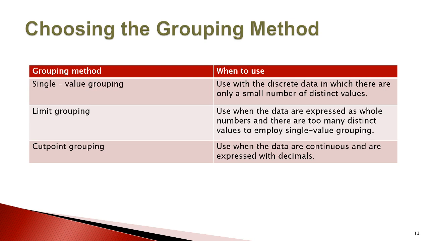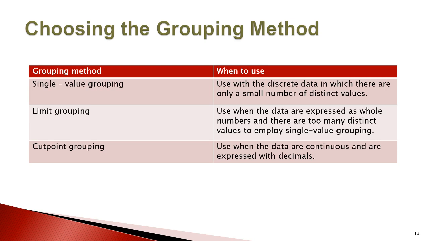And then limit grouping: we can use it when the data are expressed as whole numbers and there are too many distinct values to employ single value grouping. We use limit grouping when we cannot use single value grouping because there are too many distinct values.